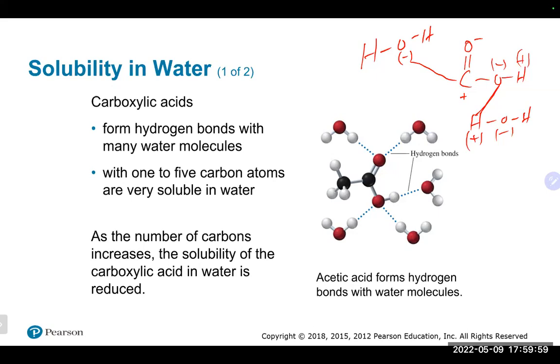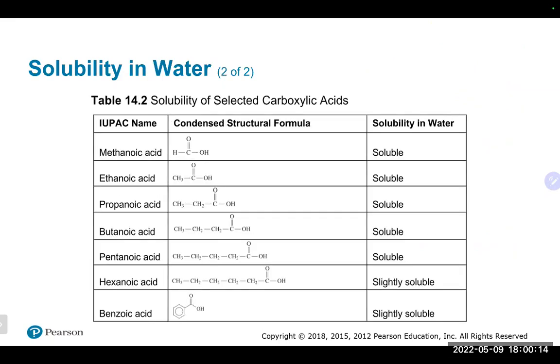But like everything else, as you build out more and more carbons and hydrogens, the solubility starts to decrease past 5 carbons, for the obvious reason that it's going to be a lot harder for water to get in there. You can see here our first 5 are soluble in water.